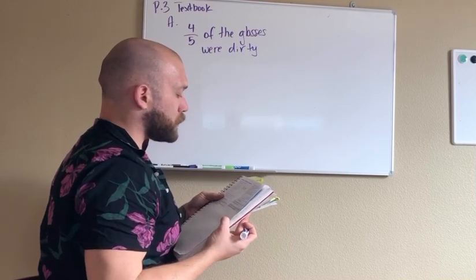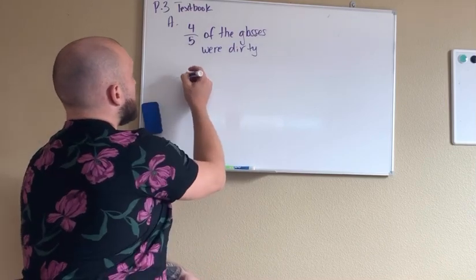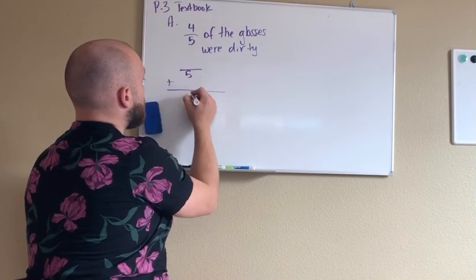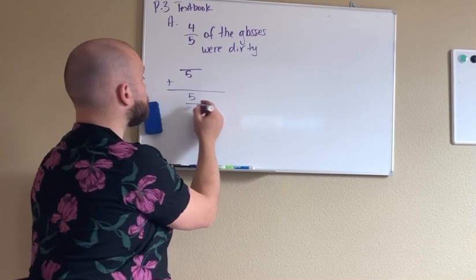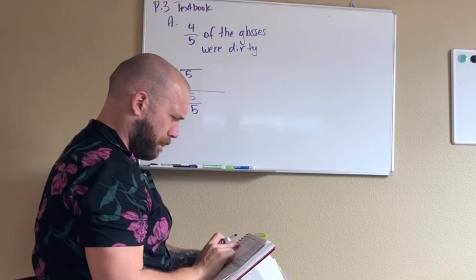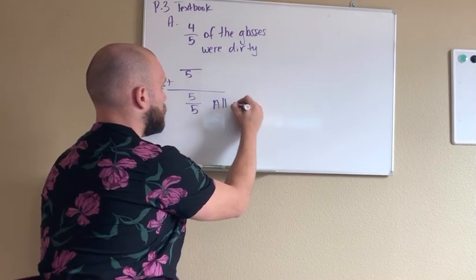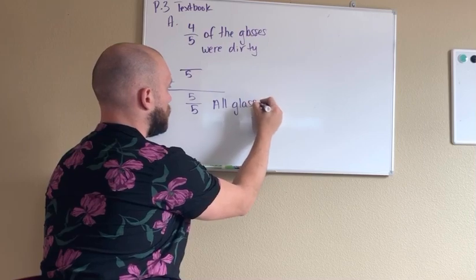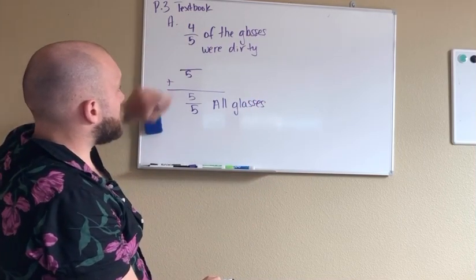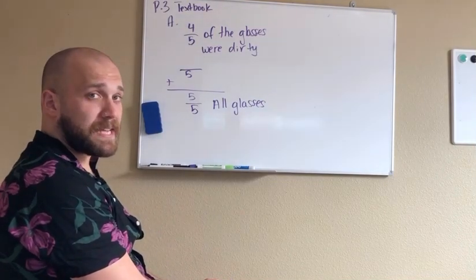So what's the fraction for all the glasses and what's the fraction for clean glasses? So I know I need to have a fraction here that'll be fifths. Adding that together, I'm going to have 5 out of 5. So I know all glasses, it goes down here because my denominator is going to stay the same every time because otherwise you can't add or subtract them.